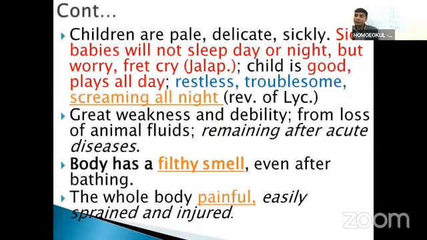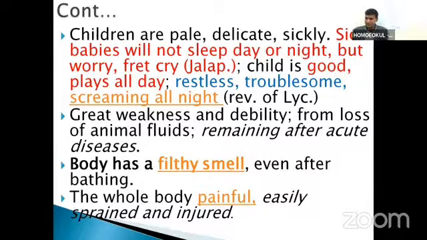Now open Carbo animalis. In Carbo animalis, you will get easily sprained, strained after even lifting slight weight. I think you will get it in the bracket.